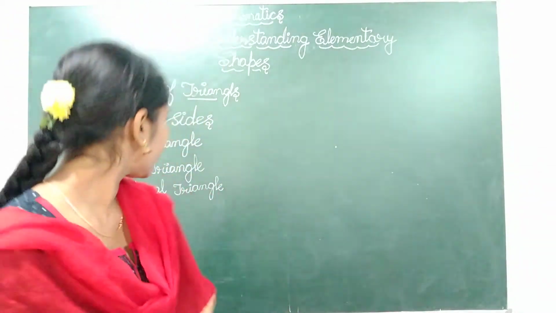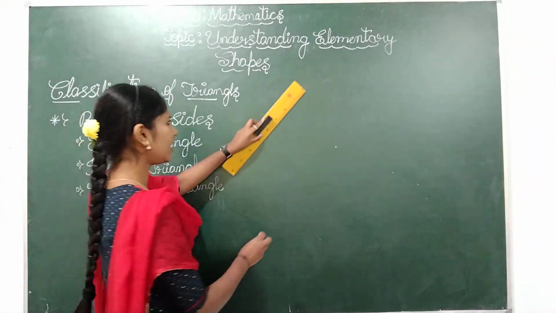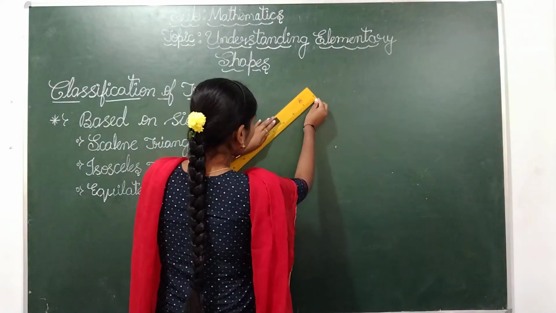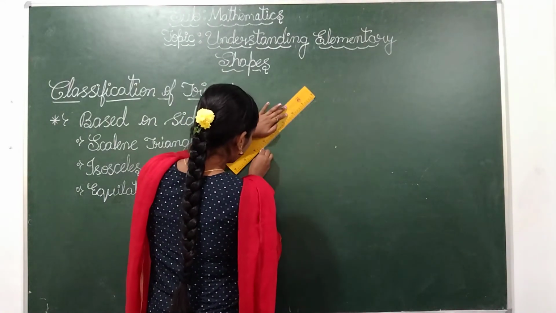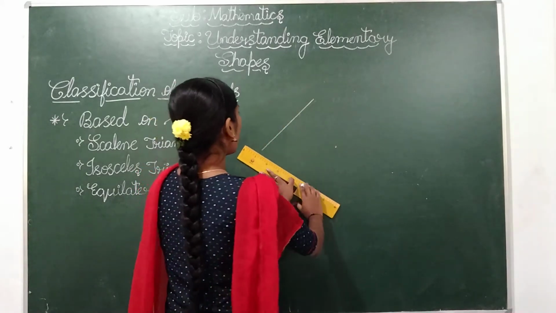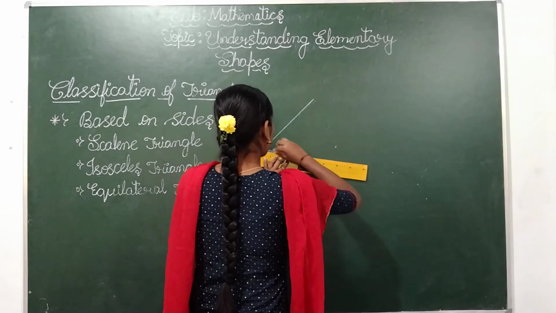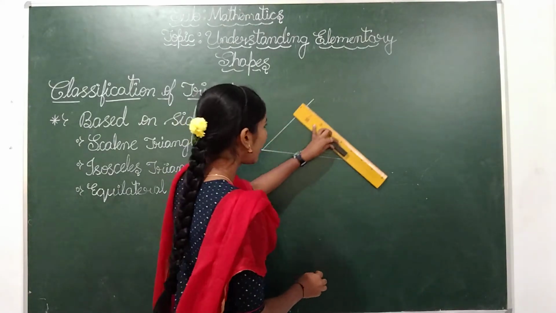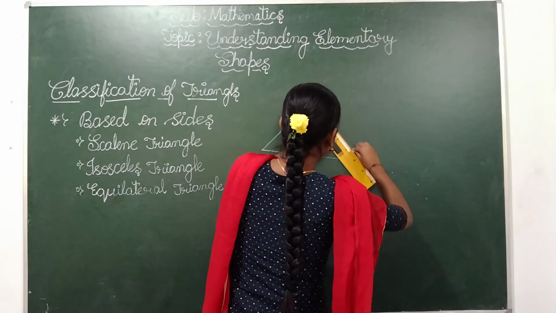So the first one is the scalene triangle. The scalene triangle means all the sides are unequal. For example, this is one length, this is another length and this is another length.